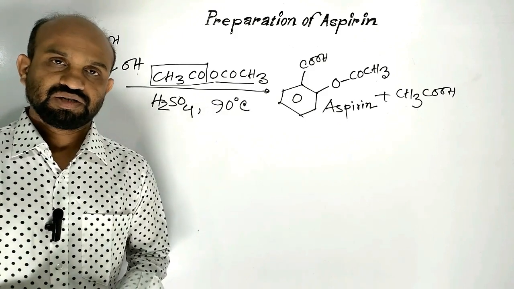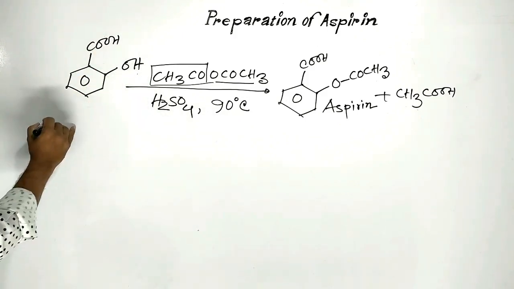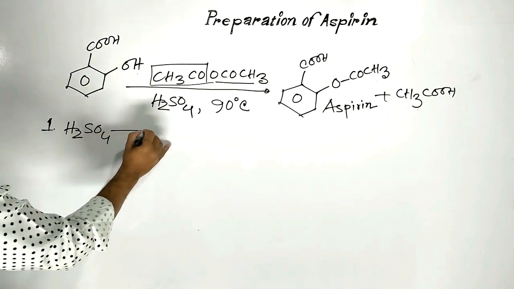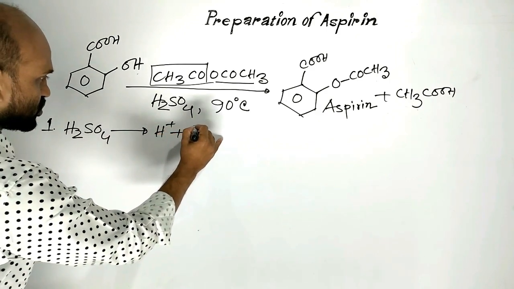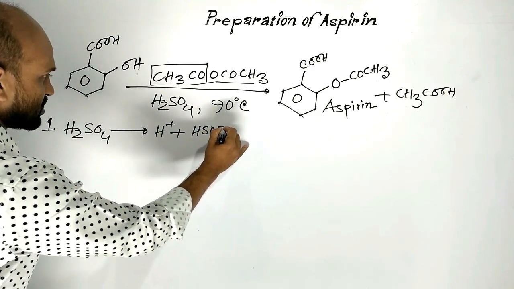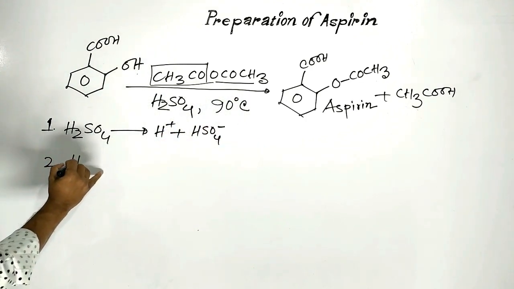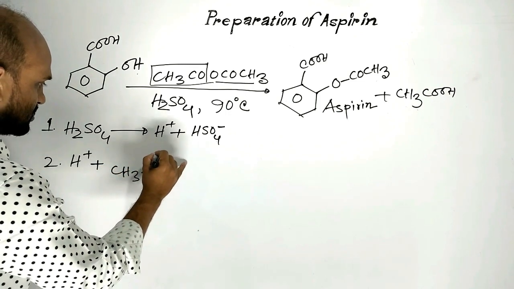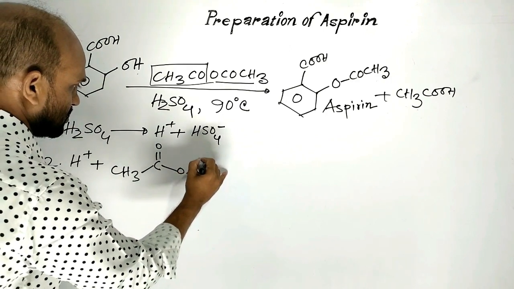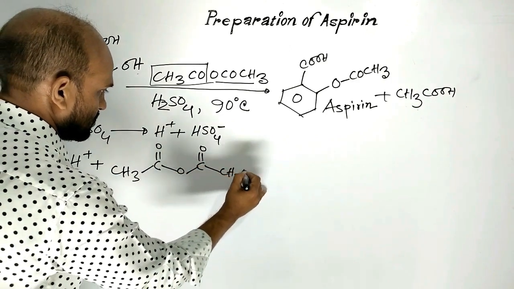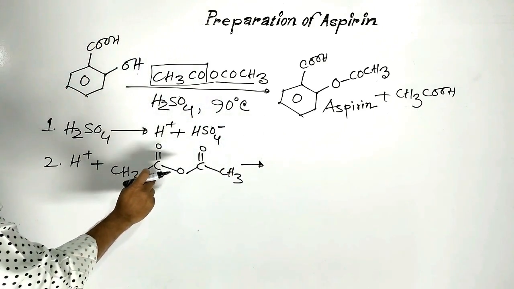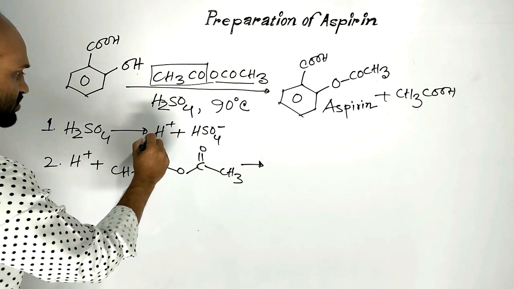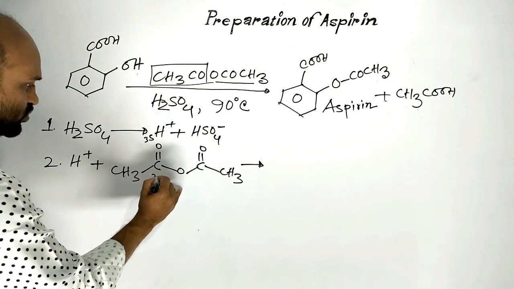Now let's see the mechanism of the reaction. Step 1. Sulfuric acid produces proton and bisulfate ion. Step 2. This proton reacts with acetic anhydride. Here, in the CO group, the electronegativity of oxygen is 3.5, but carbon 2.5.